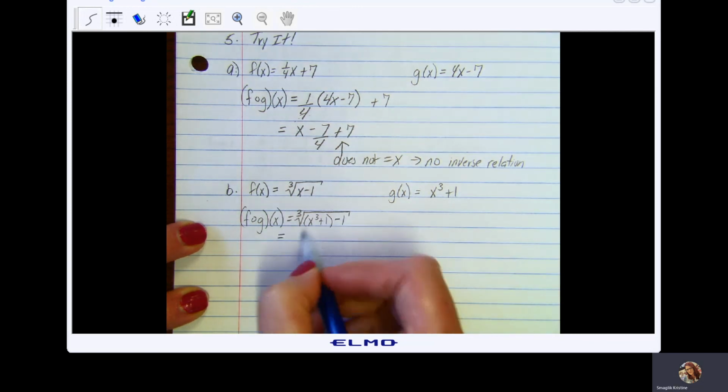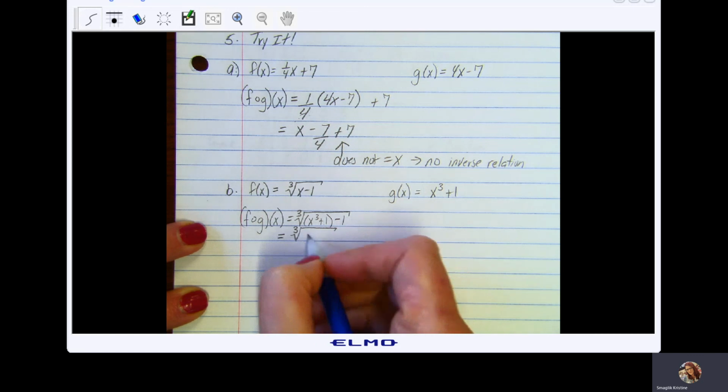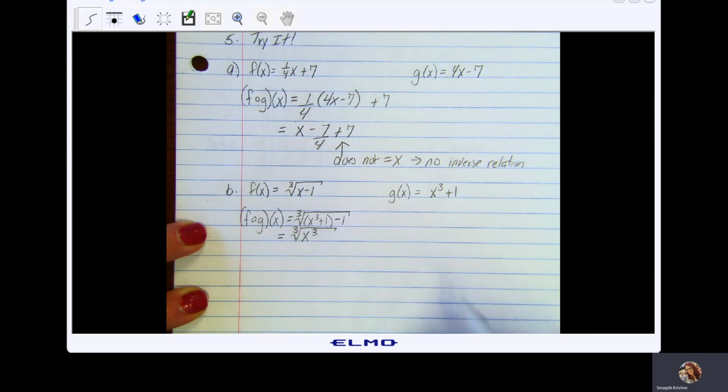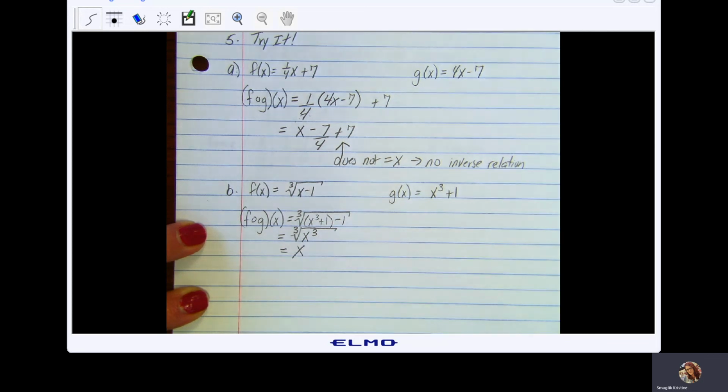Let's simplify underneath the radical. My 1's cancel out. I'm left with the cube root of x cubed. And we know that the cube root of x cubed equals x. This is looking promising. Let's take it the other way.